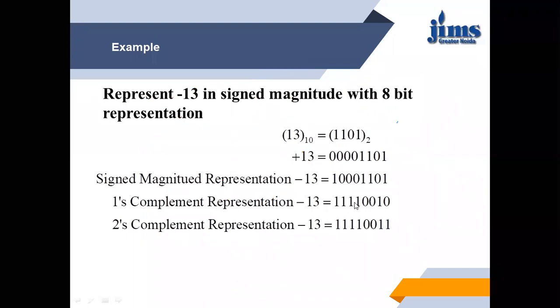It is 11110011. So with these three methods, we can represent a negative number. It may be sign magnitude representation, ones complement representation, or twos complement representation.